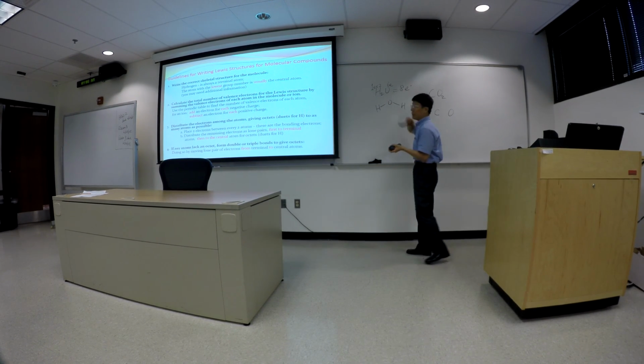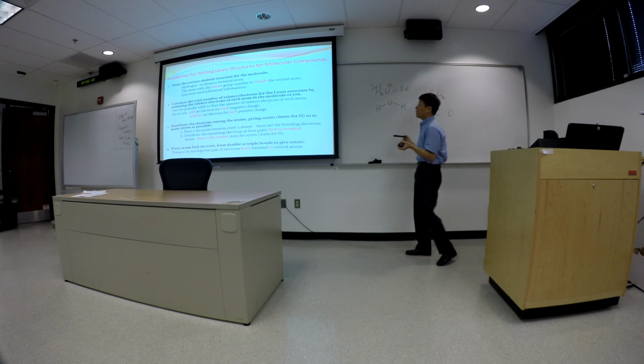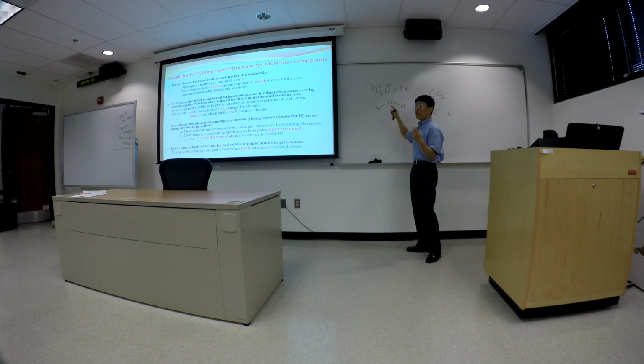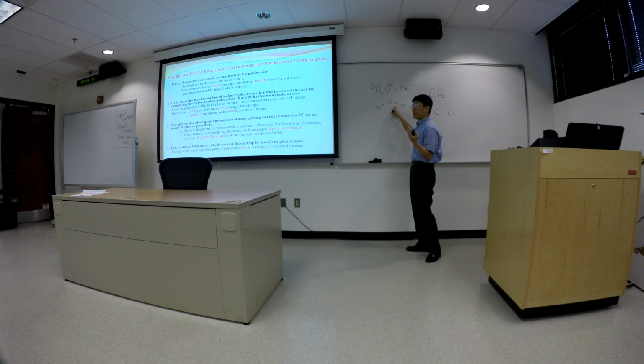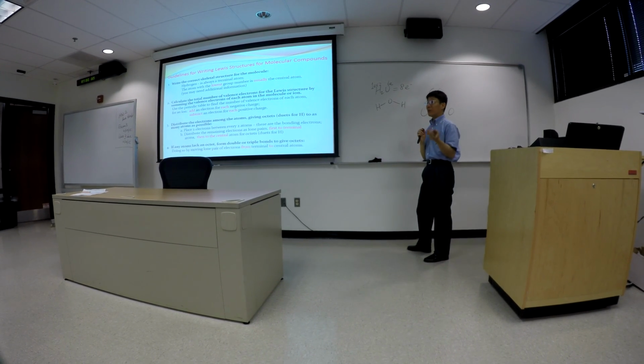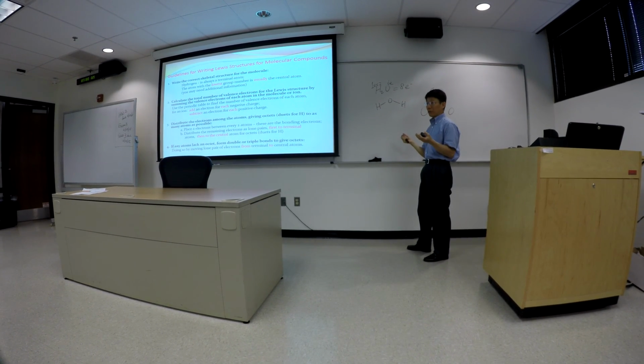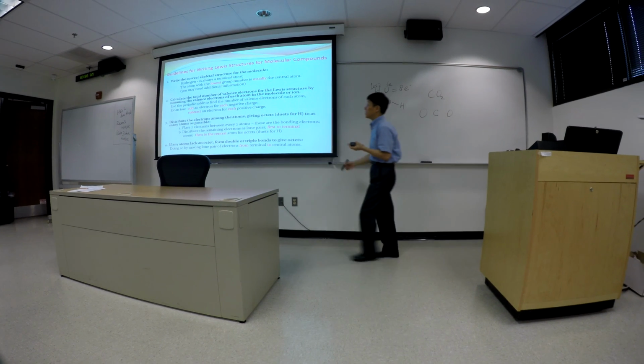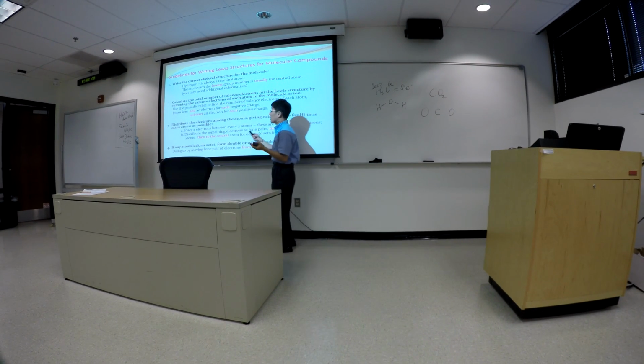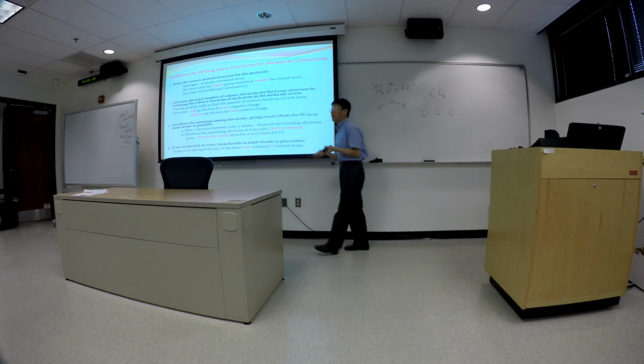Now that we have 8 electrons, we try to draw a dashed line connecting 2 atoms together. Each dashed line represents 2 electrons. So out of the 8 electrons, we used 2 here, 2 here. We used 4 electrons. We have 4 electrons remaining. How do you distribute those 4 electrons? The general guideline says you distribute the electrons to the terminal atoms first.